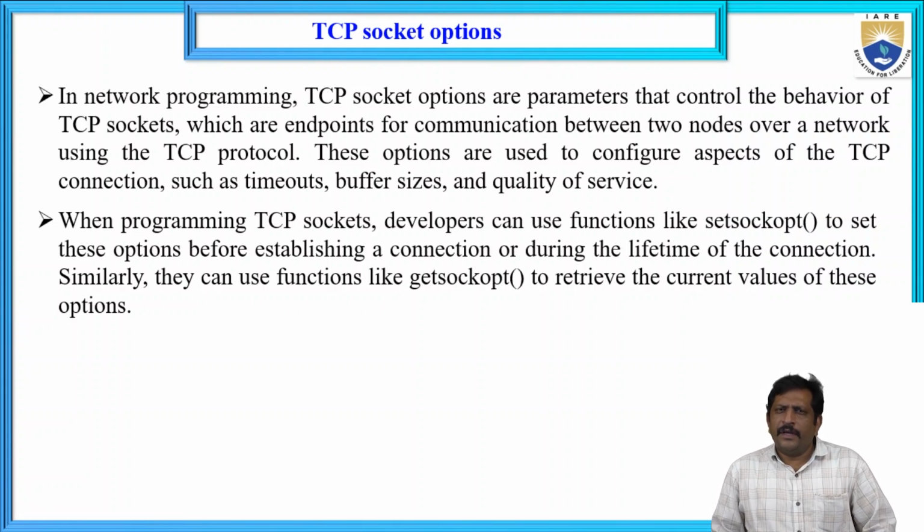Similarly, they can use functions like getsockopt, generally to retrieve the current value of the options.